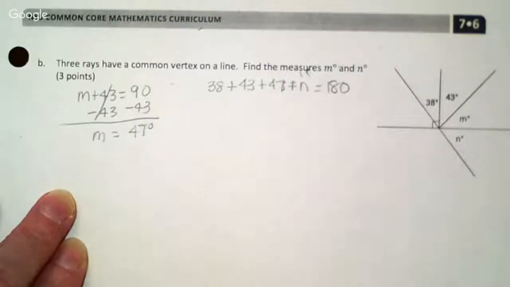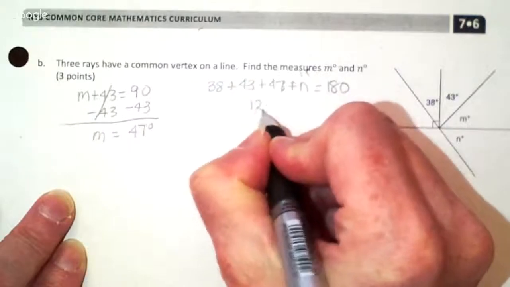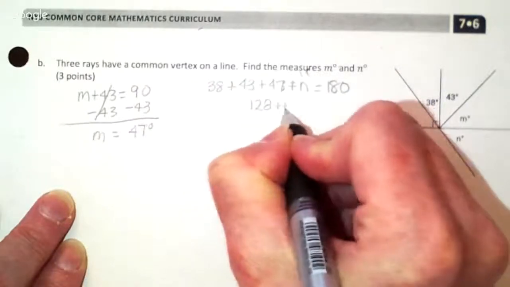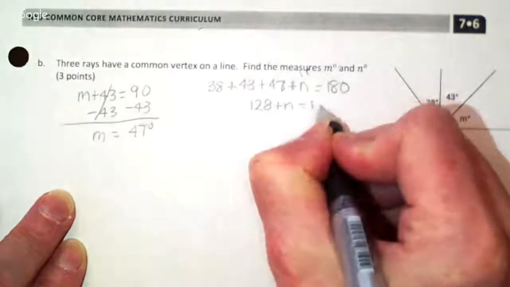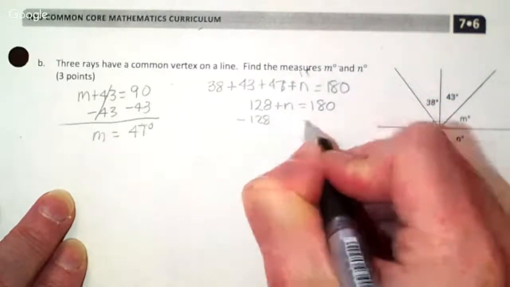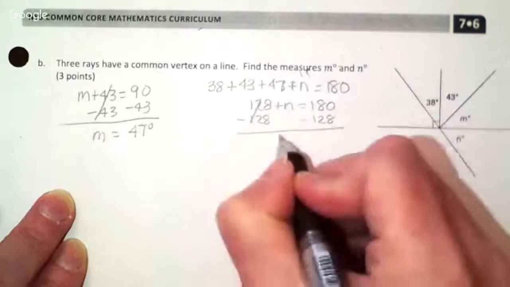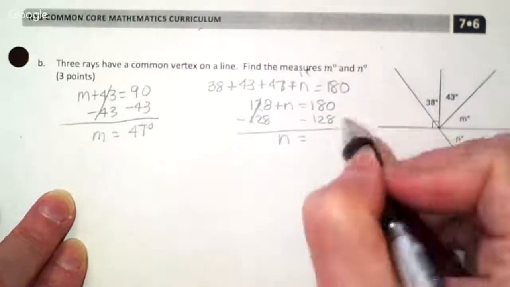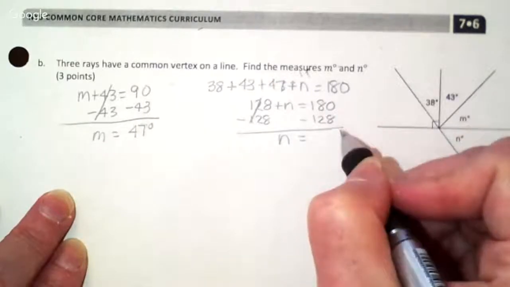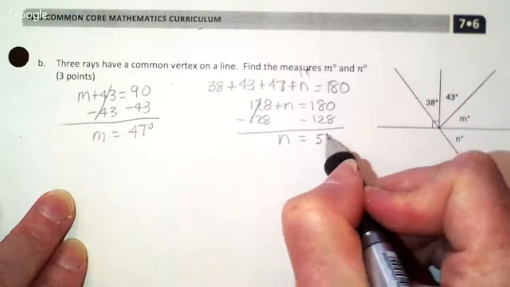So we are getting 128, not 129. So 128 plus n equals 180. So subtract from both sides. So n equals 180 minus 128, which should be 52 degrees.